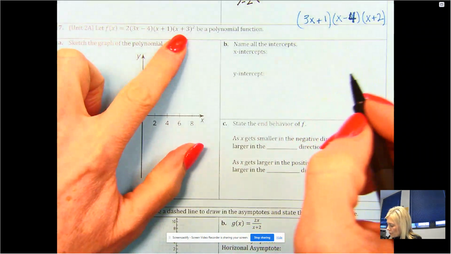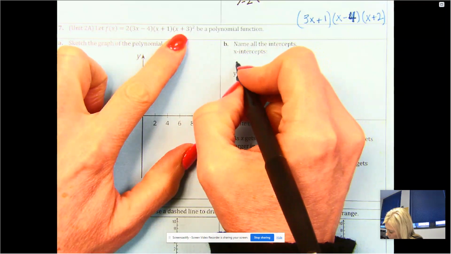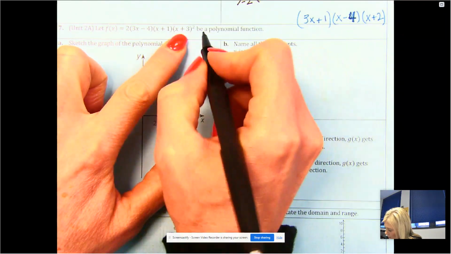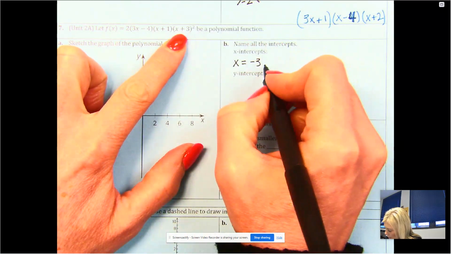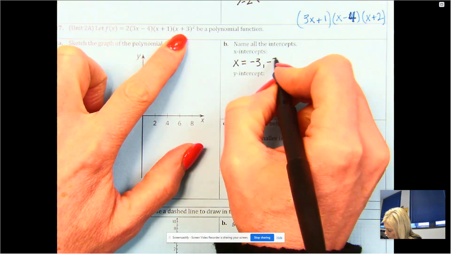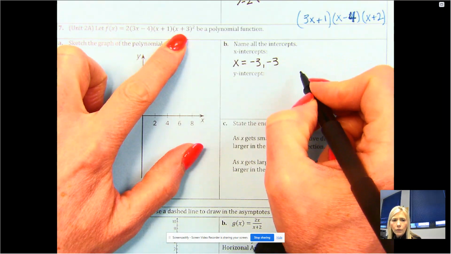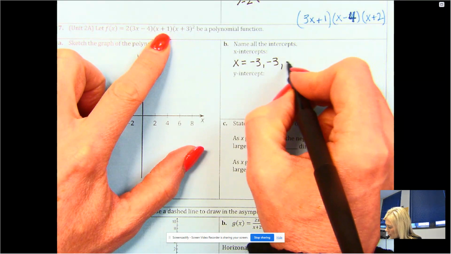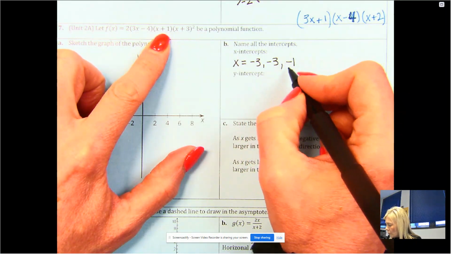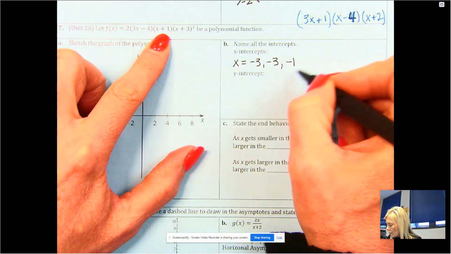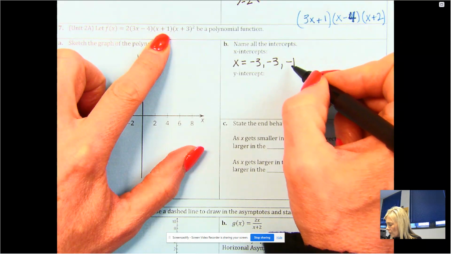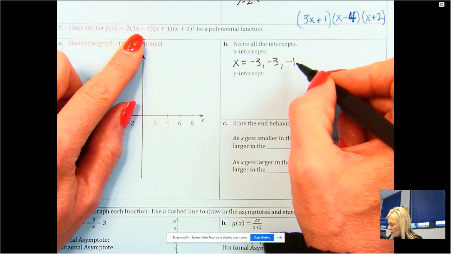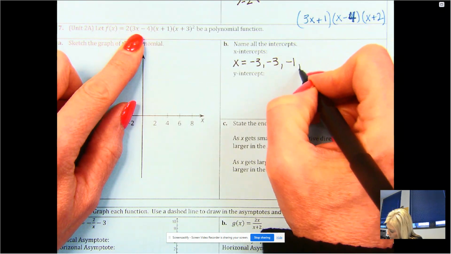So for x plus 3, a negative 3 would make that equal to 0. And because this one's being squared, I'm going to write it down twice to remind myself that it makes a bounce on the graph. For x plus 1, a value of negative 1 would make it equal 0. So that's going to give us an x-intercept of negative 1. And then for 3x plus 4, the x-intercept is 4/3.